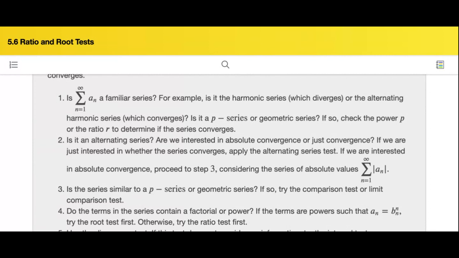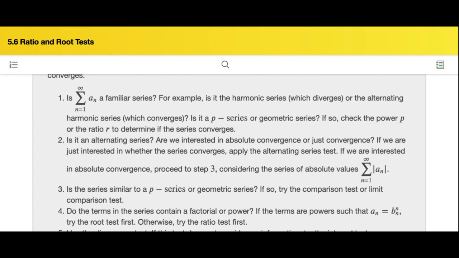You could tell me by analysis, or you could show it by comparison test. The limit comparison test is very useful, because when you take a limit, you compare the ratio of two series. If you get a non-zero number, then if one series converges, the other one does too, and if one diverges, the other one diverges.